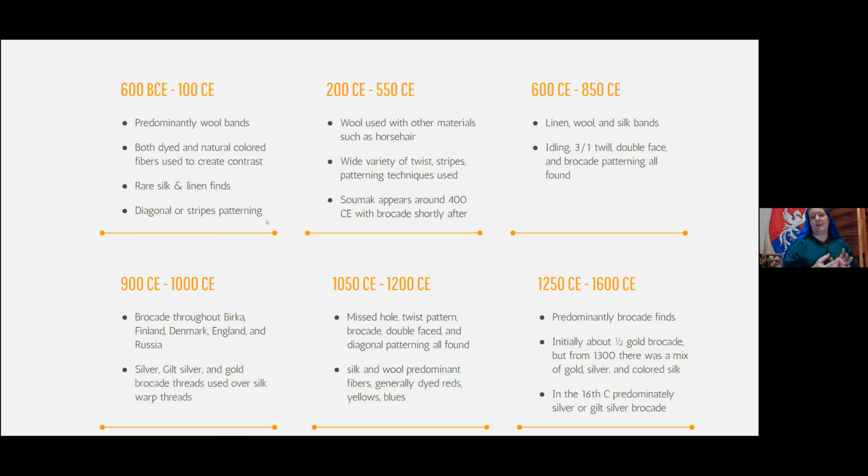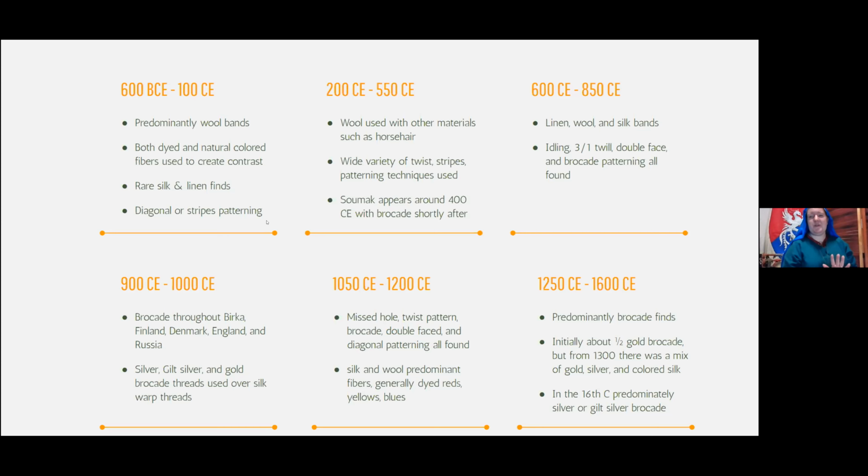So for example, if you're brocading over 3 threads, in sumac, you're only wrapping around those 3 threads each time, from the top all the way through the back, round to the top, just those 3. Whereas brocade, you would go in, up over your 3, down, and all the way across the rest of the band. We do see brocade pop up shortly after that, maybe a logical progression from sumac.